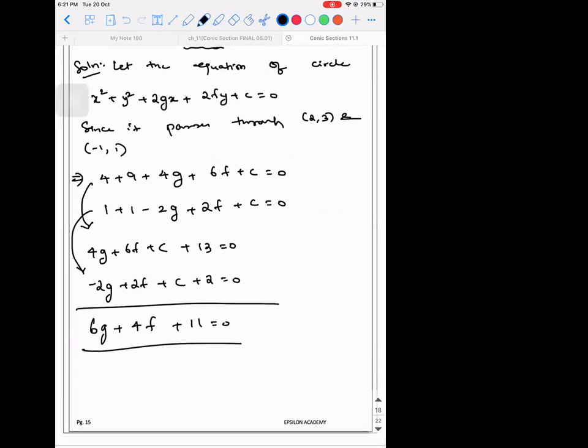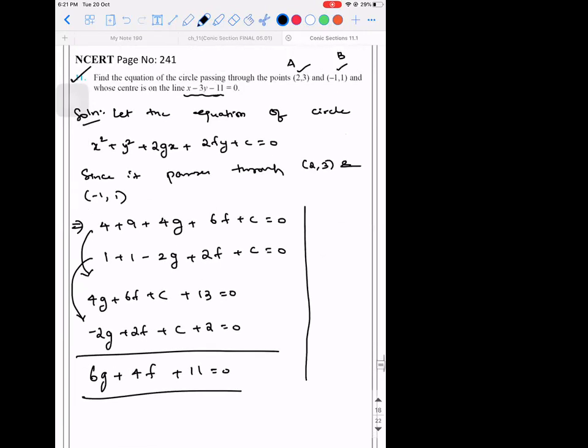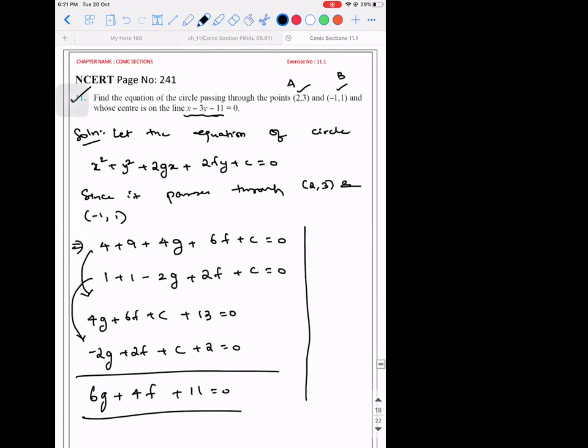And what is the other condition that is given? The center lies on x minus 3y minus 11 equals 0. What is the center of the circle? It is (-g, -f), which lies on x minus 3y minus 11 equals 0.